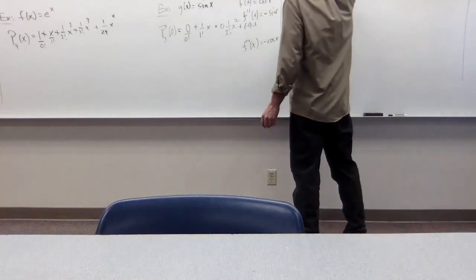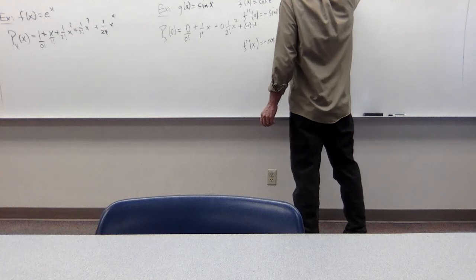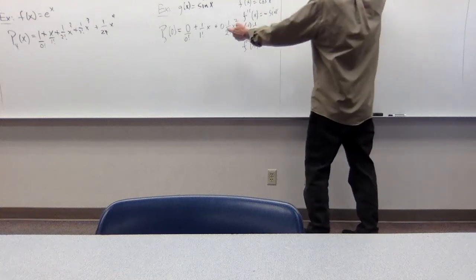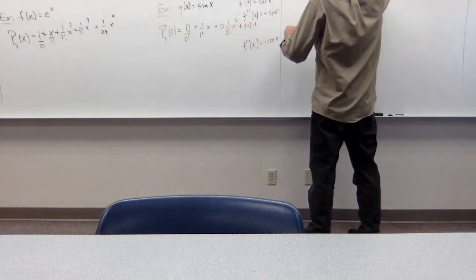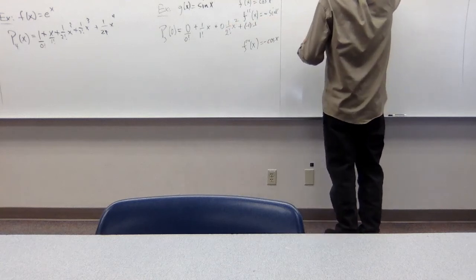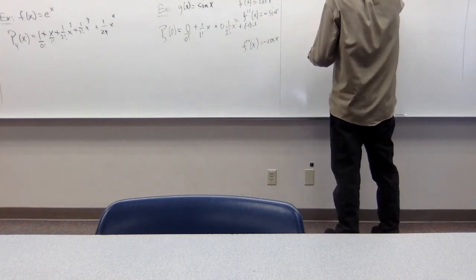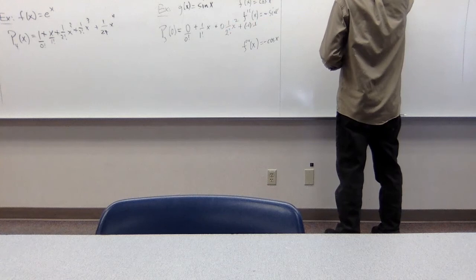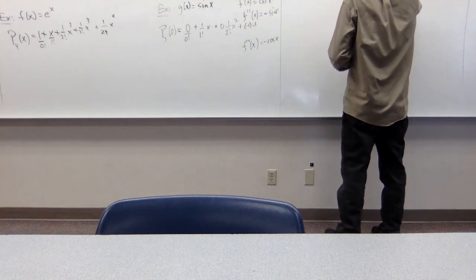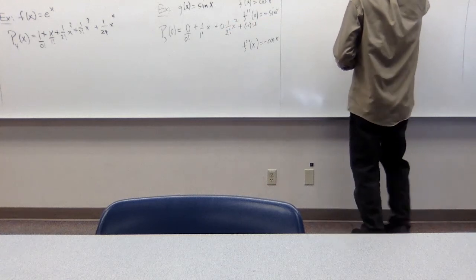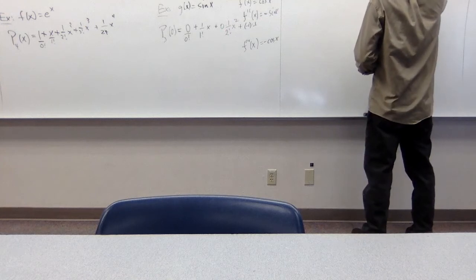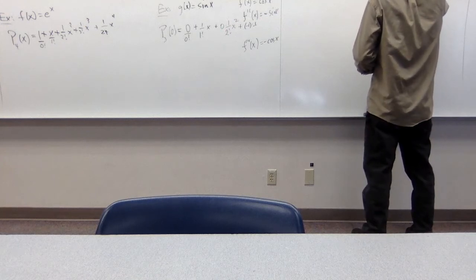So P3, 0, I'll show all the work here, plus 1 times x, sort of think of that as 1 factorial, plus 0 over 2 factorial x squared, plus minus 1 over 3 factorial x cubed.